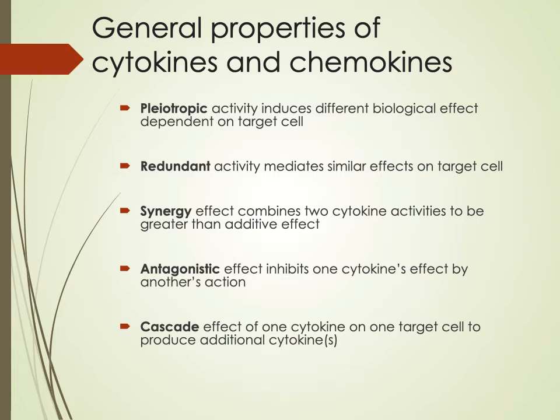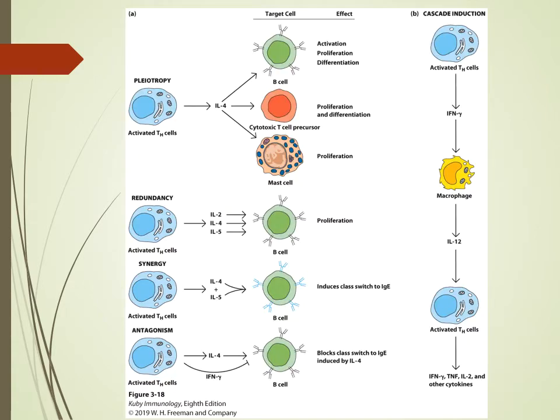And antagonistic is where we're going to actually have one cytokine inhibiting the other cytokine's effect. So it's a way to override one cytokine with the other. And then we can get this cascade effect where cytokines are going to target one cell, but then they produce an additional cytokine that causes a cascading effect. So we'll look at each one of these in our figure.